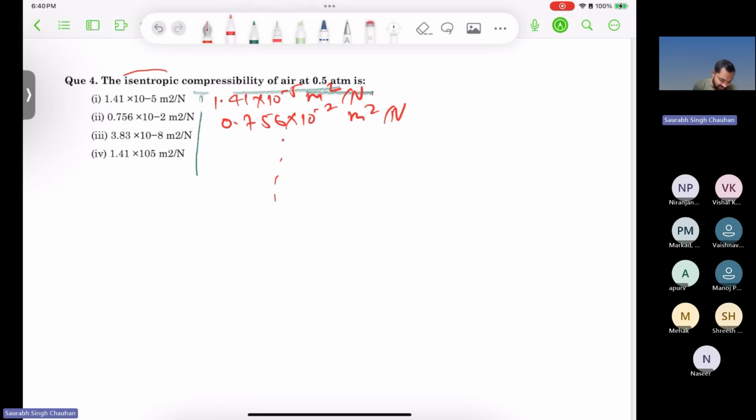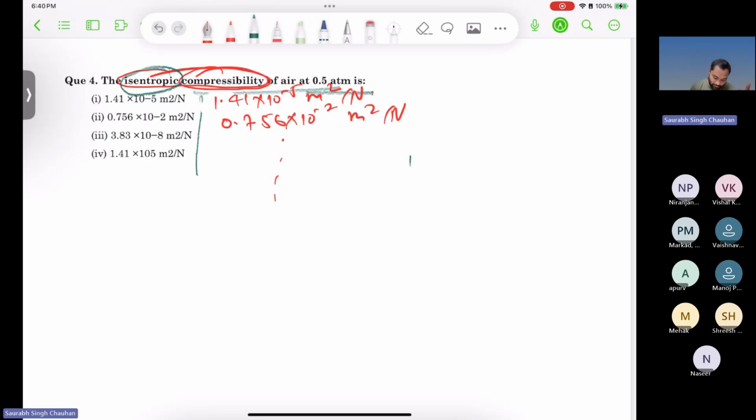So it is saying isentropic compressibility. Compressibility tells how much there is a change in density when there is some change in pressure. Okay. But there is a suffix, isentropic compressibility. So there should be another type of compressibility as well, right?